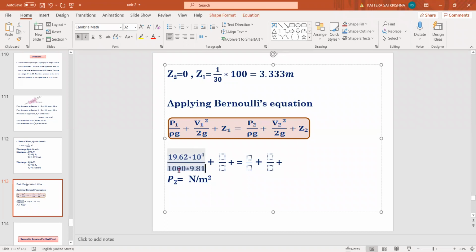Remember, in some problems, instead of water he will give some oil. At that time, density or specific gravity will be given, and we need to multiply 1000 by the specific gravity to get the density. V1 is 0.176 square.